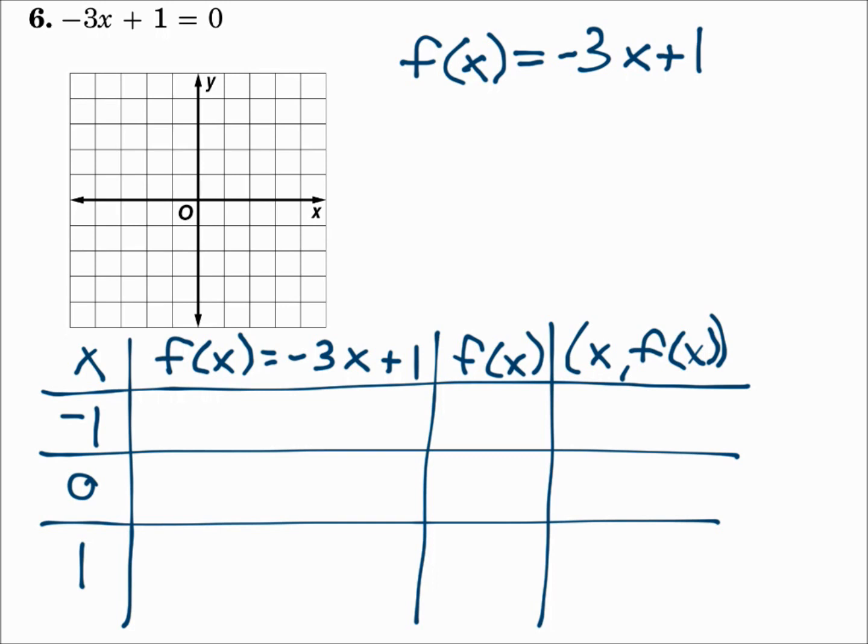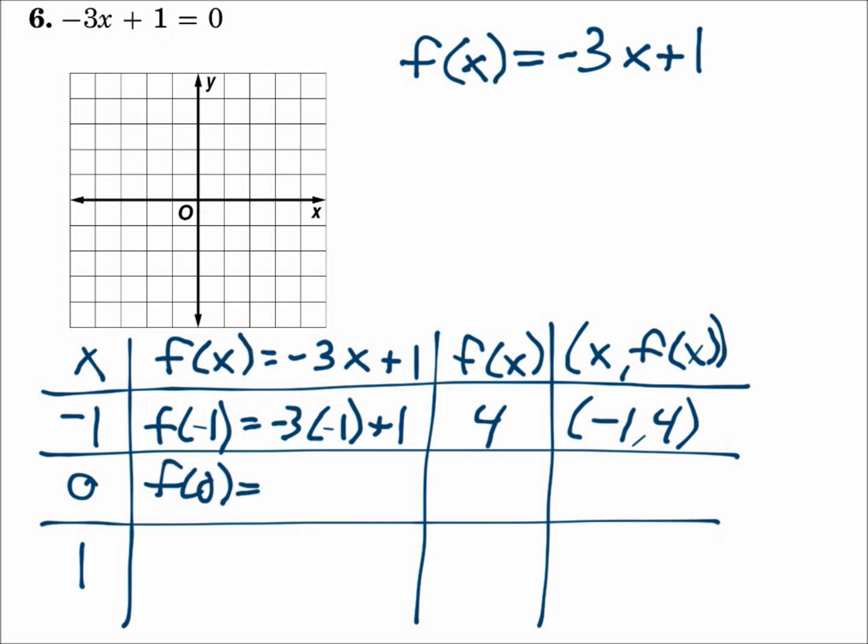When x is negative 1, f of negative 1 is negative 3 times negative 1 plus 1. Negative 3 times negative 1 is 3. 3 plus 1 is 4. So you have the point negative 1 comma 4. When x is 0, f of 0 is negative 3 times 0 plus 1. Negative 3 times 0 is 0.